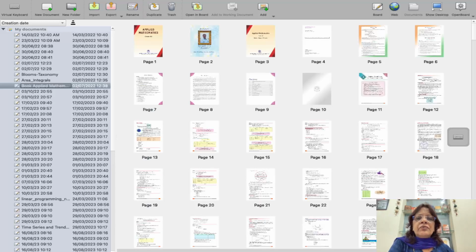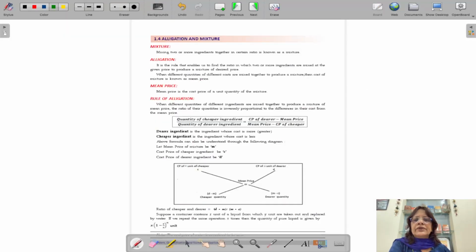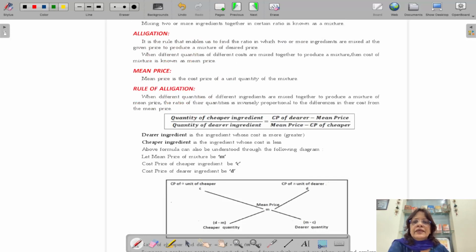This is your Applied Mathematics book, and we just go on to the chapter alligation and mixture. When you're preparing this, please strictly adhere to the questions of NCERT.